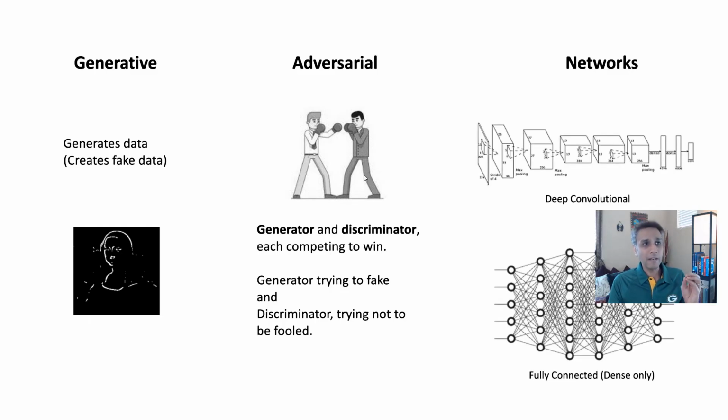So that's the adversarial part. And networks, as you probably know, stands for network. So the network can be deep convolutional. The network can be fully connected, meaning dense layers only. I hope you're versed enough in terms of neural networks so you understand what I'm talking about here. If not, please watch my earlier tutorials about UNets or other deep learning videos on this channel.